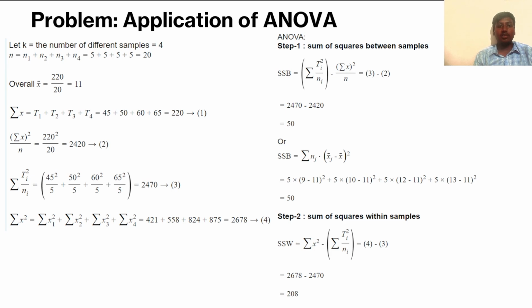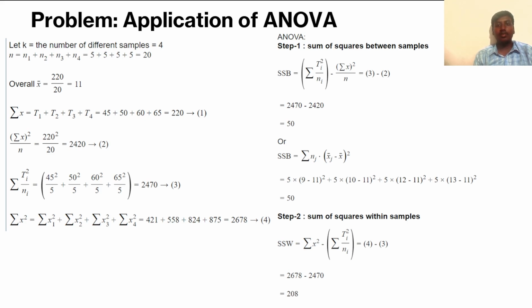Sum of x is equal to 220 as we have seen above, and 220 square divided by n is equal to 2420. Sum of ti square divided by ni is equal to 2470. Sum of x square is equal to 2678 as we have seen in the above table.